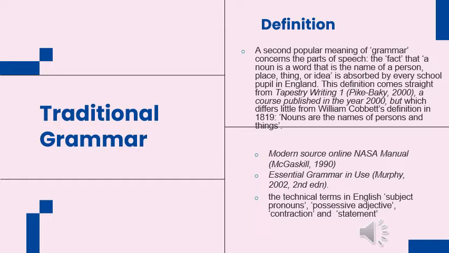Too many modifiers, particularly between the subject and verb, can overpower the elements. A really good source book too is Essential Grammar in Use by Murphy in 2012.